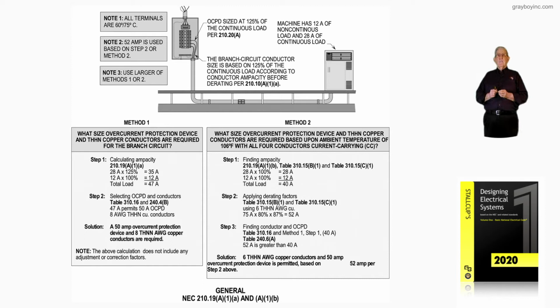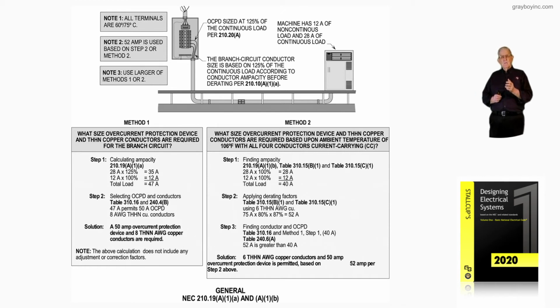And we're following the information that is given to us in the illustration with the call-outs to each piece of equipment, service or equipment served. Now, step 3, Table 310.16, method 1, step 1, 40 amps, would require a 52 amp conductor, which is greater than 40.